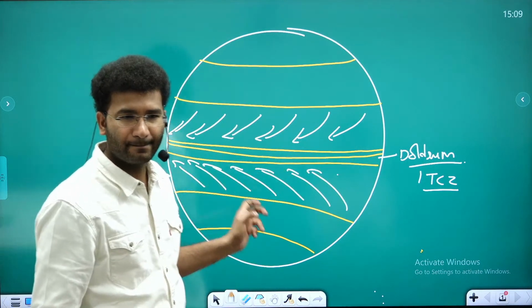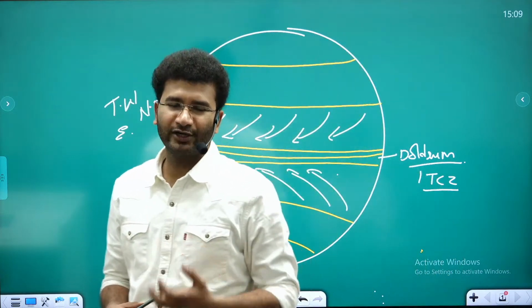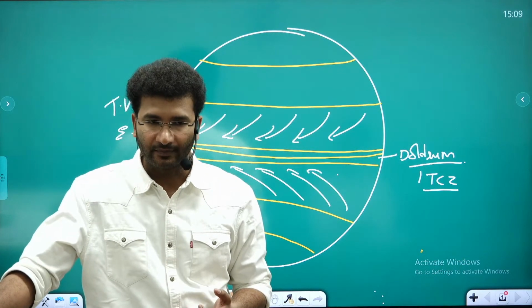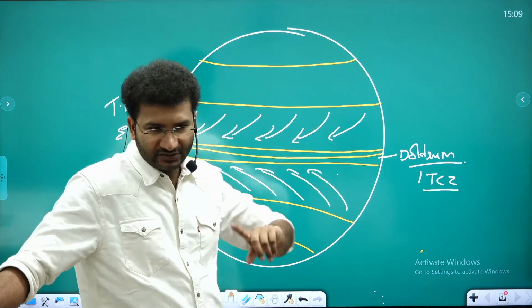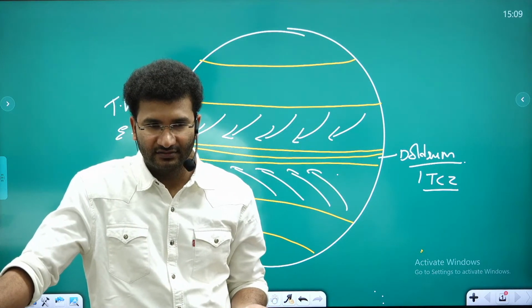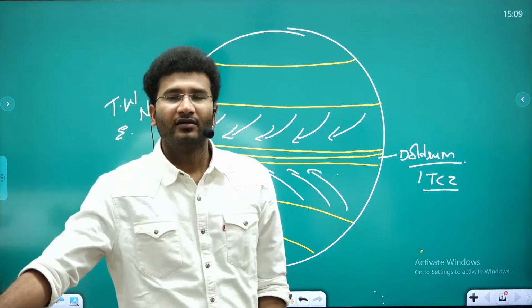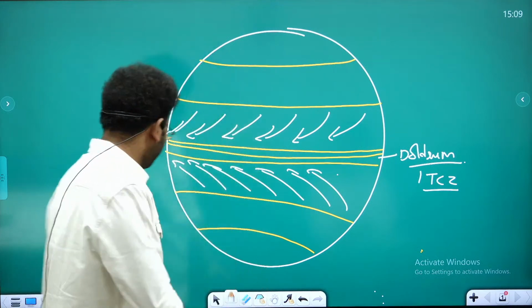But you will not find this ITCZ in a straight line. Why? Because here you need to understand a concept called specific heat. I think I have explained the concept of ITCZ in the previous class. See, here you need to understand a concept called specific heat.